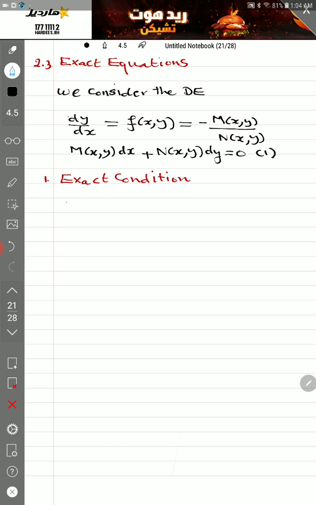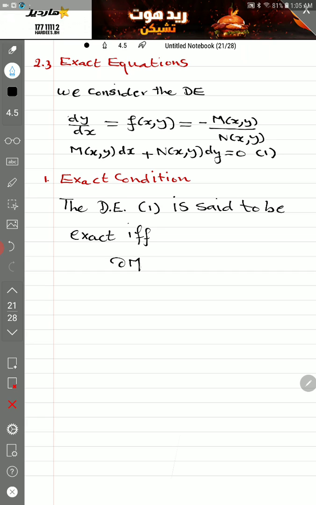The differential equation 1 is said to be exact if and only if partial m by partial y equal partial n by partial x.